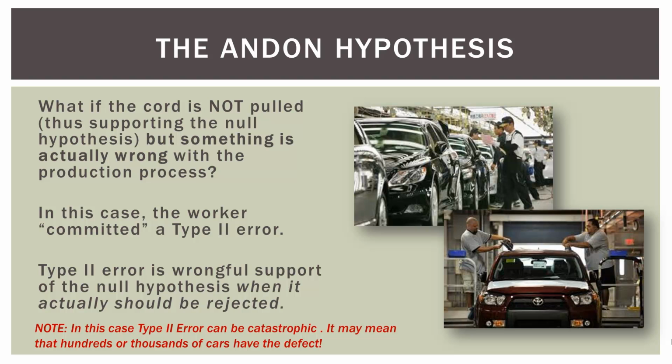In the fire case, if we don't pull the fire alarm and there is a fire, our building may burn down and people may lose their lives. In this case, if we don't pull the andon cord and there is a problem, that defect may get repeated hundreds or thousands of times. And that's the real-world consequence of type 2 error as related to type 1 error.